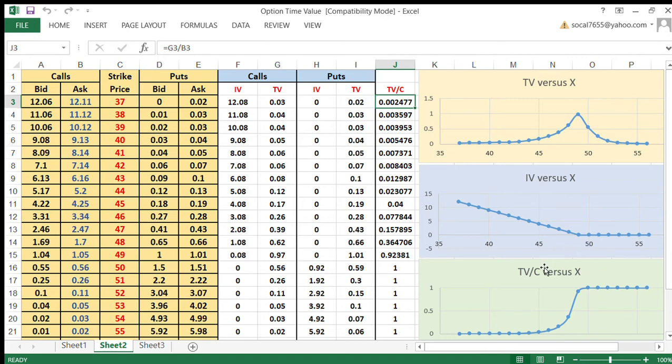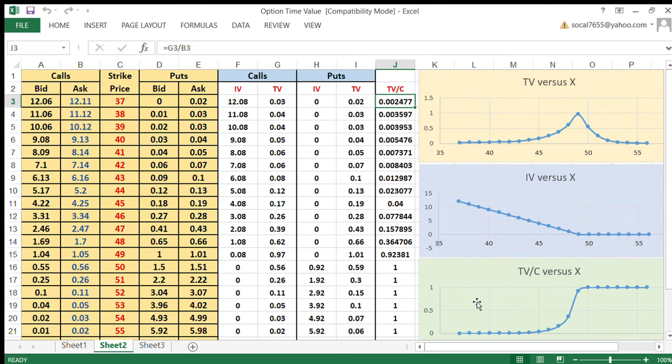And the proportion of the call that's time value rises as strike price increases, starting pretty close to 0 and ending at 1, of course, because the out-of-the-money options have only time value. They have no intrinsic value, therefore every penny of their price is time value.